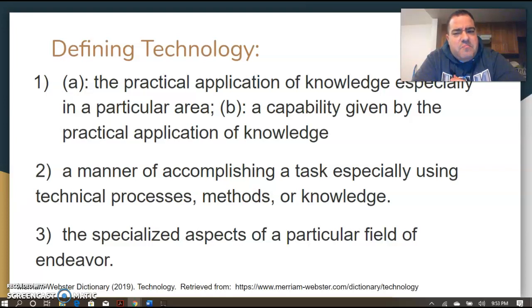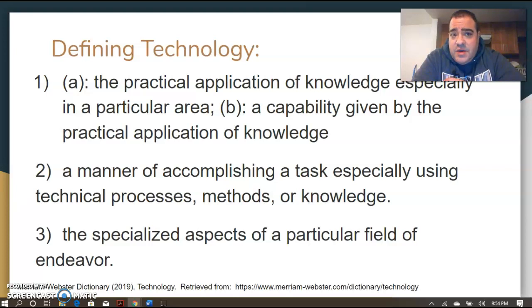It is a capability given by the practical application of knowledge. Now, this is interesting because notice that there aren't any technical or mechanical elements mentioned in this definition of technology. This is important because technology is so much more than mechanical or computerized elements. Technology is also seen as a means of accomplishing a task using some sort of technical process, method, or knowledge.